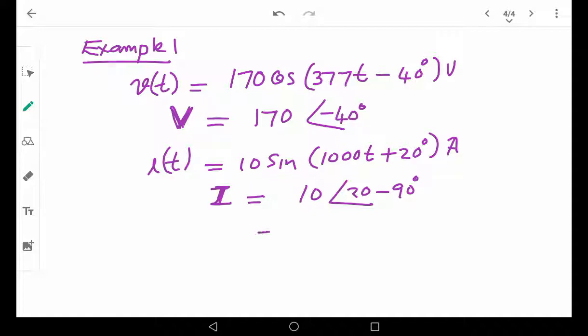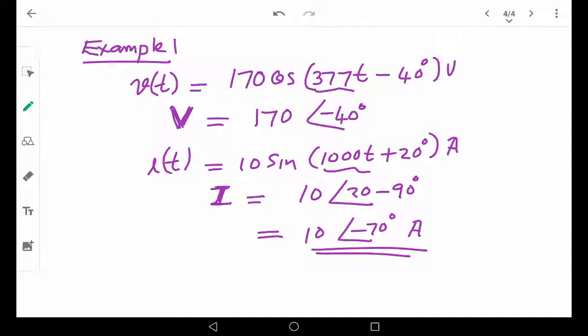So I can write it as 10 angle minus 70 degrees ampere. See, in this phasor, the frequency information or the time information is not coming into the picture. Understand? That's how you will do the phasor.